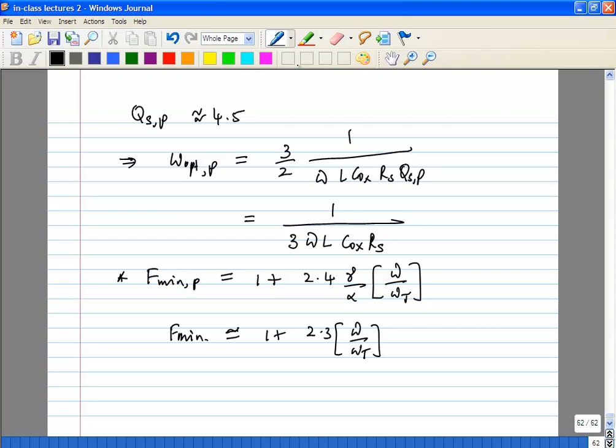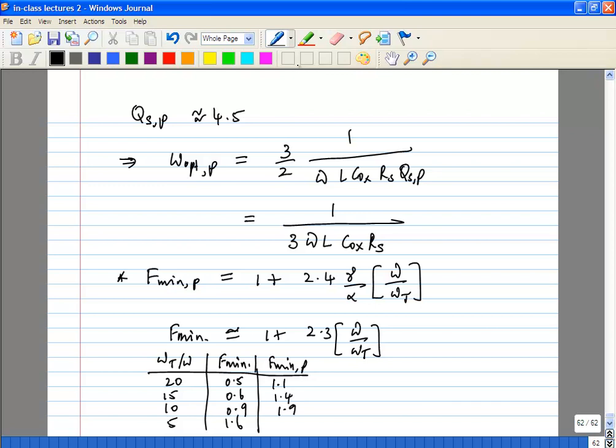So if you actually look at some different values, let's take 4 values: 20, 15, 10 and 5. It looks something like this, and your F min P is not too bad.